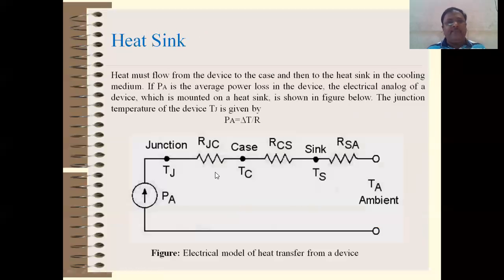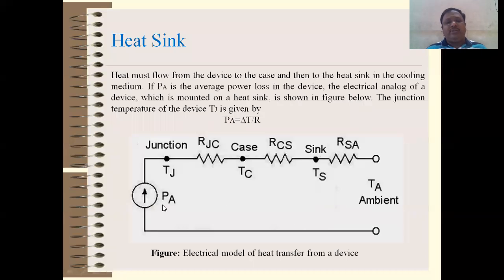This is basically the equivalent diagram of a heat sink, right? This PA is called the average power loss in the device. TJ is called the junction temperature, TC is called the case temperature, TS is called the sink temperature, and TA is called the ambient temperature.